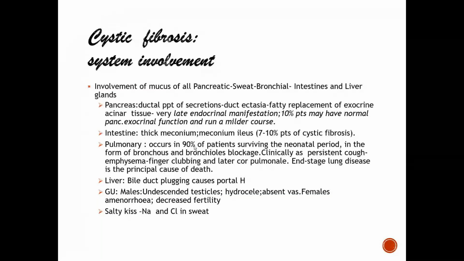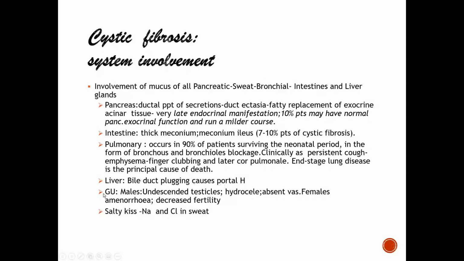Pulmonary, 90% of patients are having some kind of pulmonary problem starting beyond the neonatal period also, even the neonatal period, but even beyond, you can have bronchus and bronchial obstruction in the form of cough, emphysema, finger clubbing, cor pulmonale at the later stage or end stage pulmonary disease. Liver, you can have bile duct plugging, causes portal hypertension.